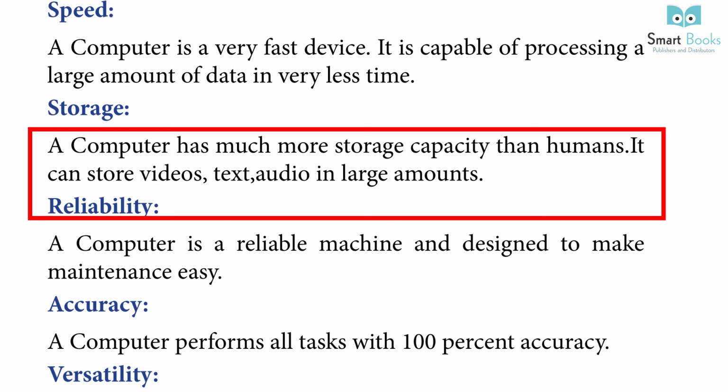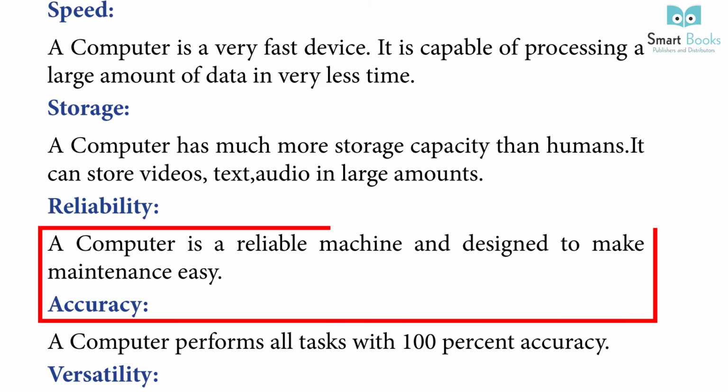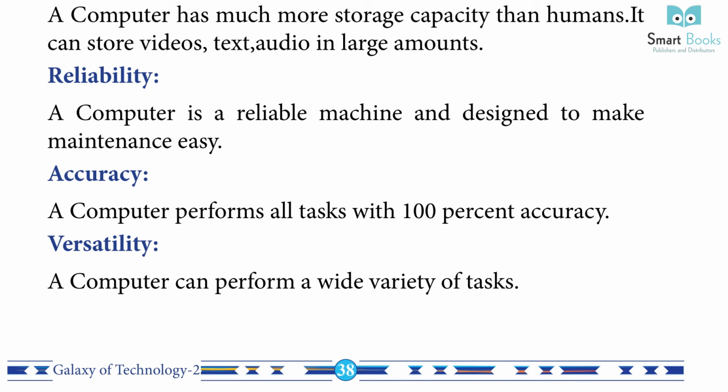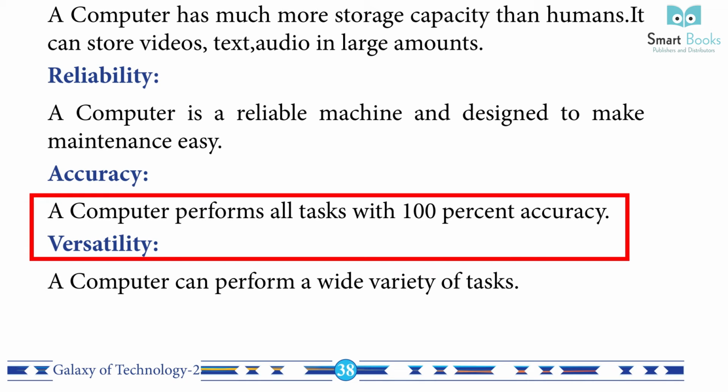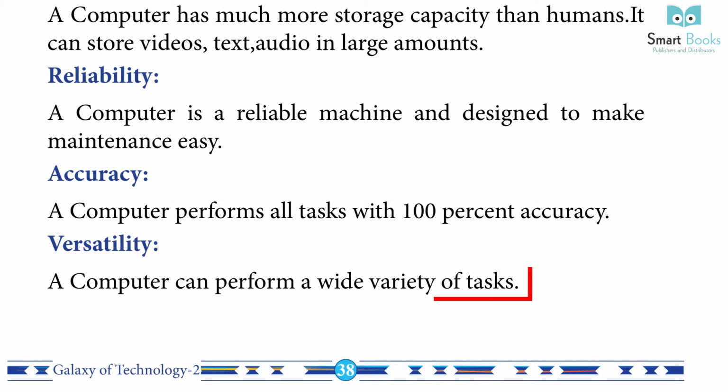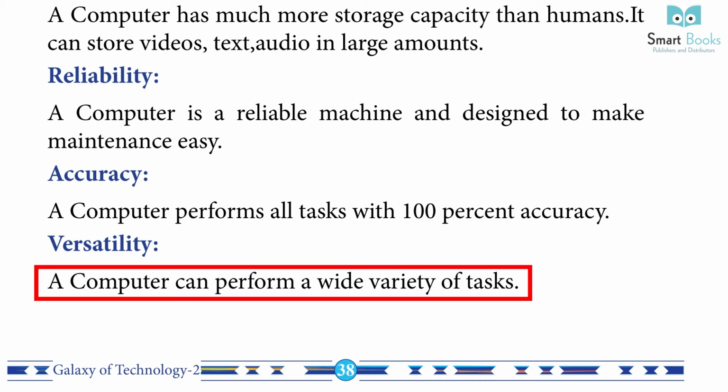Reliability. A computer is a reliable machine and designed to make maintenance easy. Accuracy. A computer performs all tasks with 100% accuracy. Versatility. A computer can perform a wide variety of tasks.